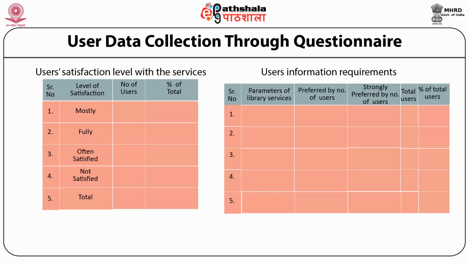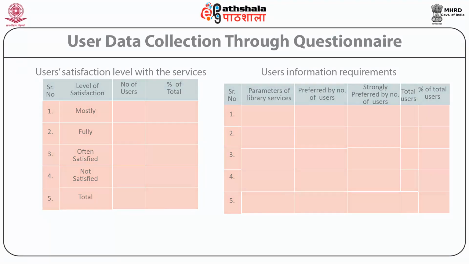User information requirement, accordingly you can chart here in the graph given, and at a later stage you can show them in a bar graph as well, which will help the reader, or the financer, or maybe the supervisor, find out more easily how your library is performing.